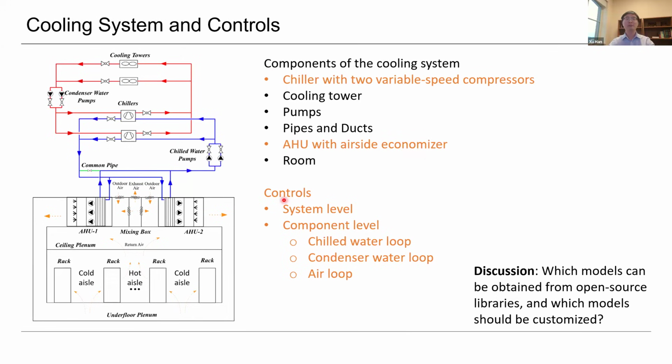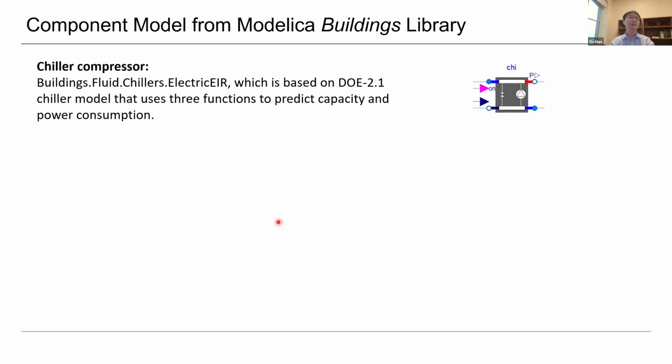And of course, all the controls are not available because they are not standardized controls. We extracted them from the control source code. They are pretty customized control logics. So all the control logics should be customized. Okay, and I will show some examples.